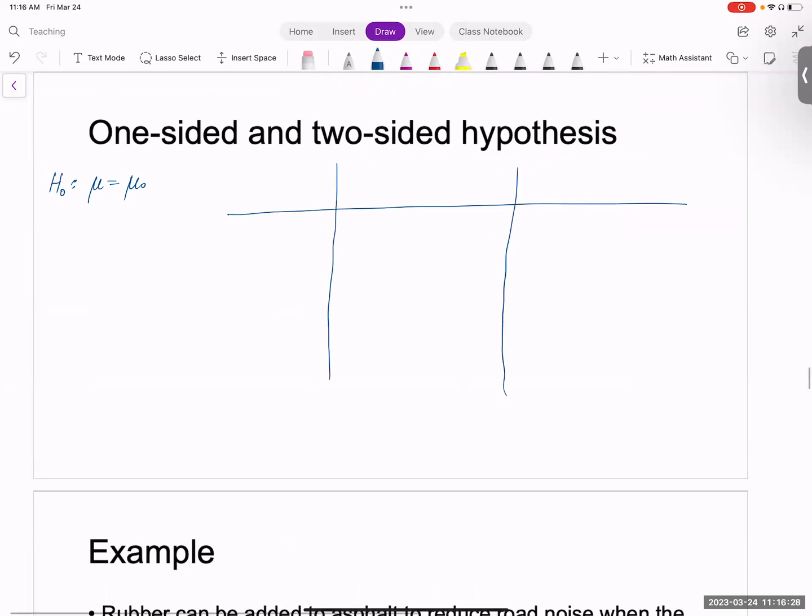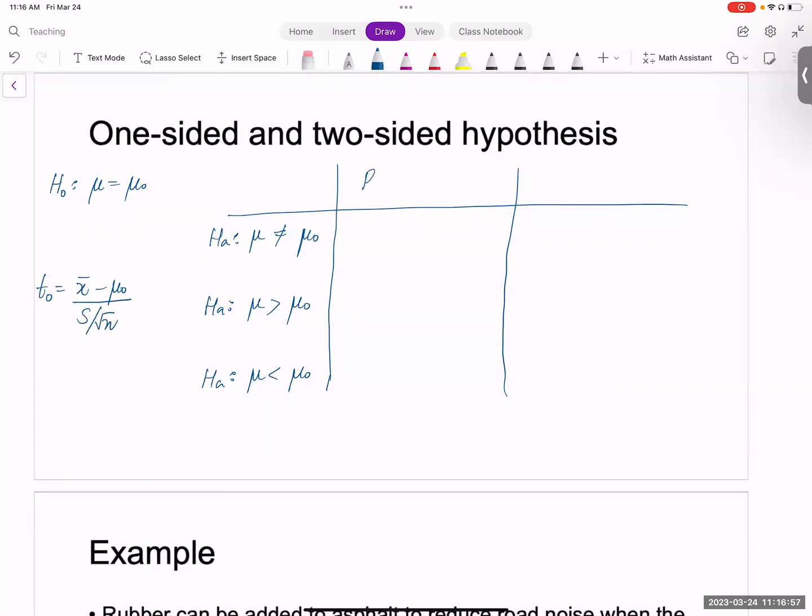The first scenario is HA: mu is not equal to mu 0. Second scenario is HA: mu is greater than mu 0. And the third scenario is HA: mu is less than mu 0. Now let's look at your test statistic, which is x bar minus mu 0 divided by s over square root of n.